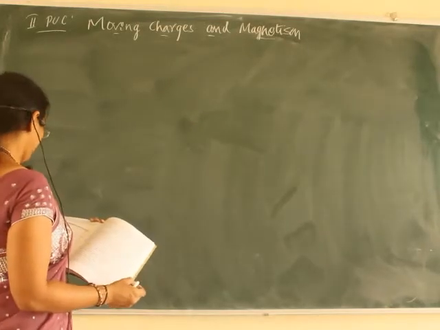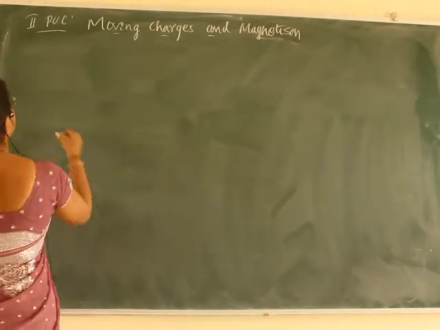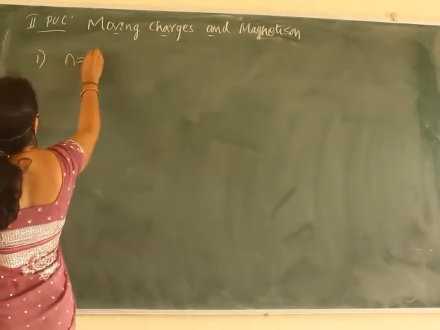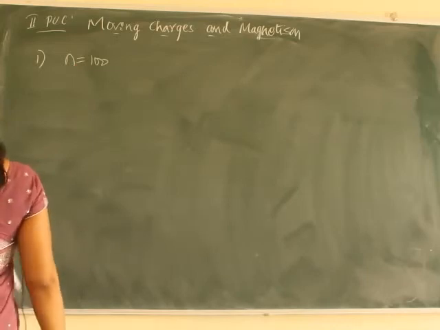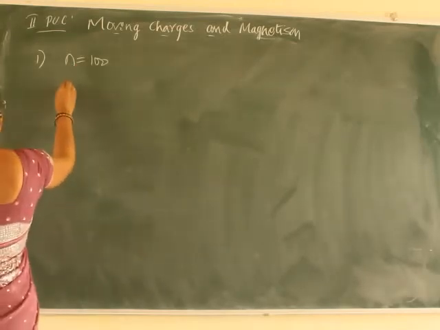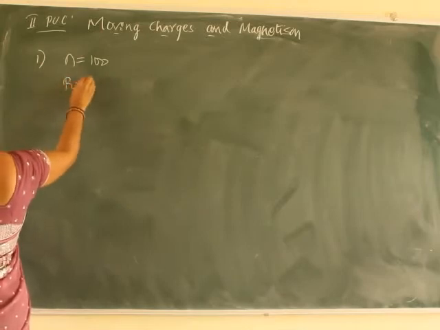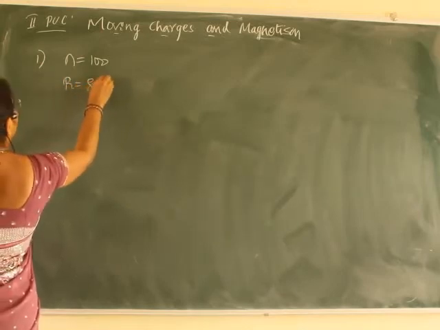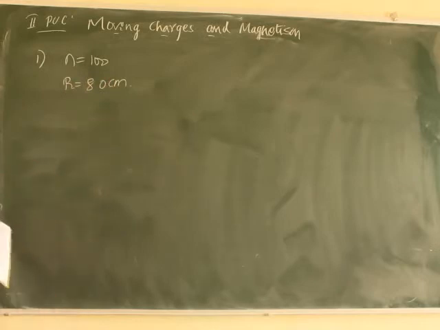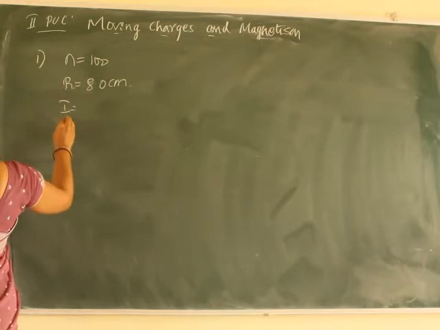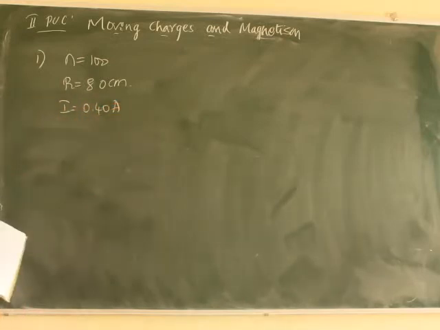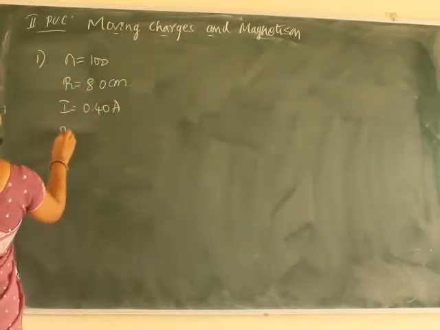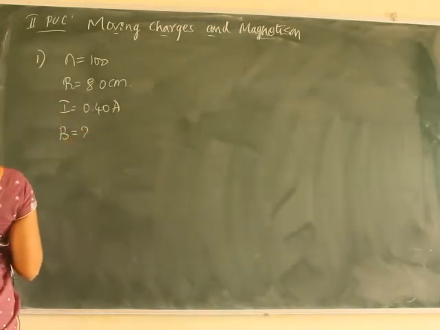Circular coil of wire, 100 turns, I'll write n is equal to 100, okay? Radius of the circular loop is 8.0 centimeter. Carries the current I is equal to 0.40 ampere. What is the magnitude of the magnetic field at the center of the coil?